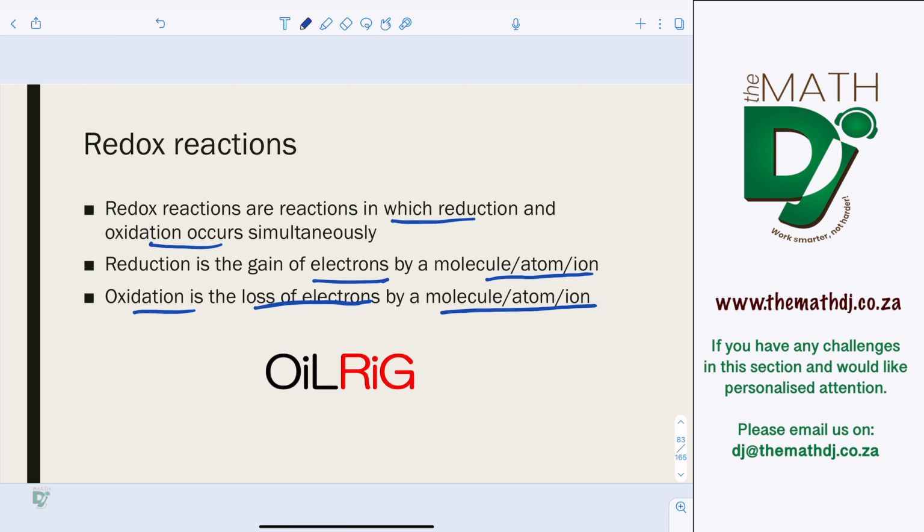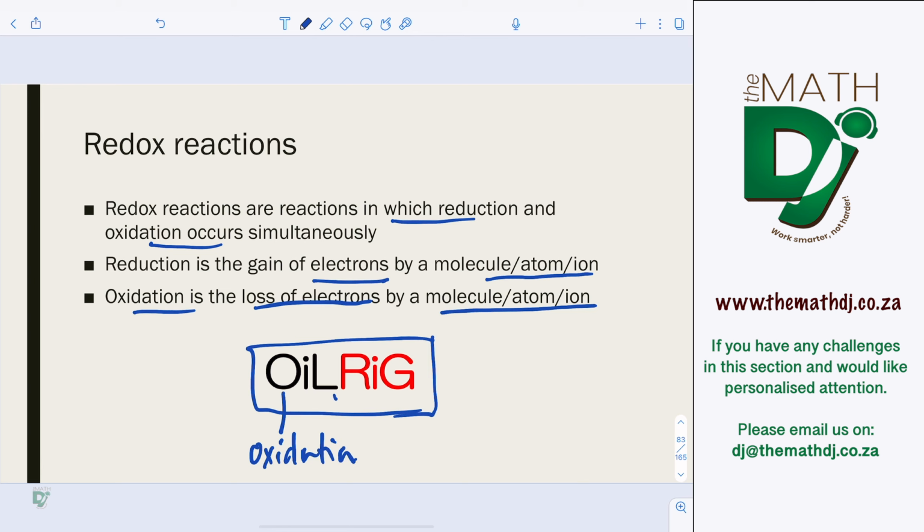So you should use this to remember: OIL RIG. O is oxidation, it means loss of electrons. Then RIG, the R is reduction, it means gain.